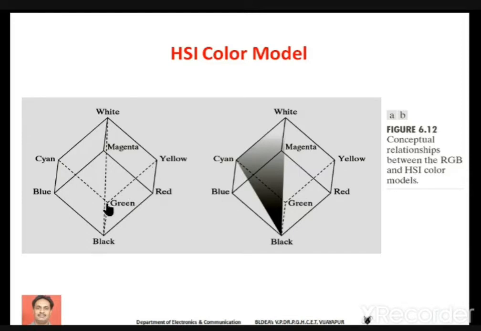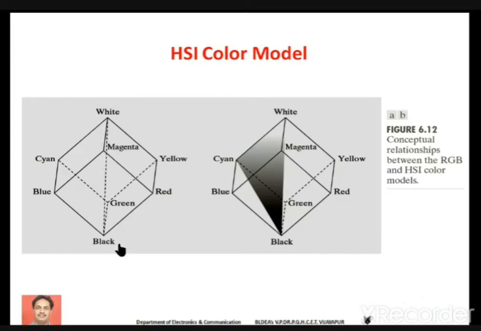Then we know that by mixing green and blue, we get cyan. That's why this point is supposed to be cyan. And by mixing blue and red, we get magenta. So RB, GB, and RG give M, C, Y: magenta, cyan, and yellow. These are the secondary colors.